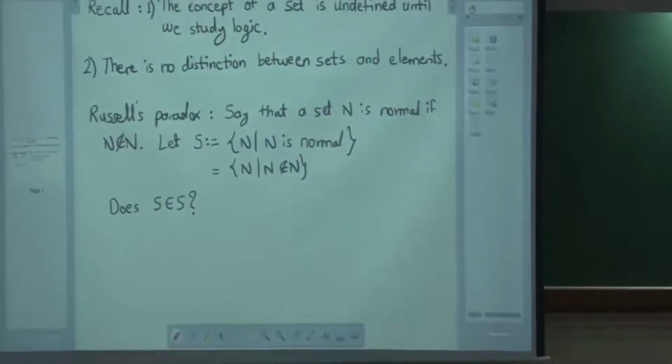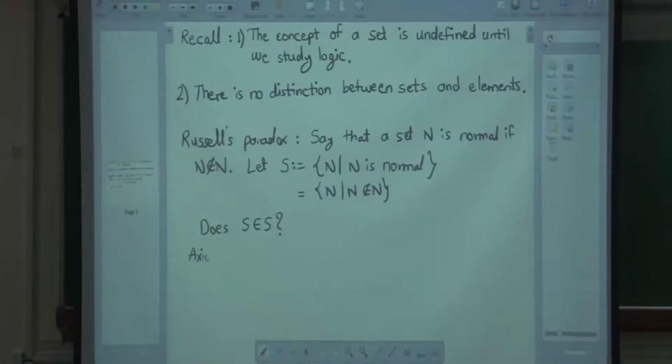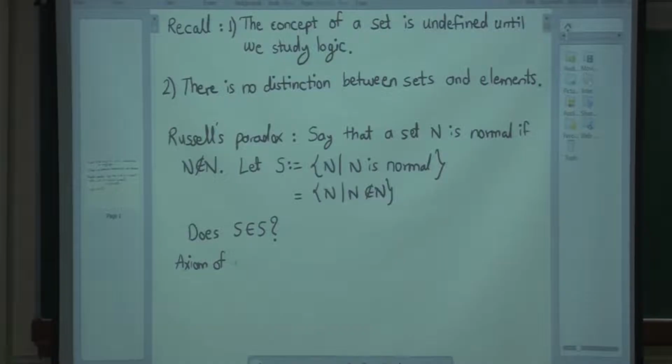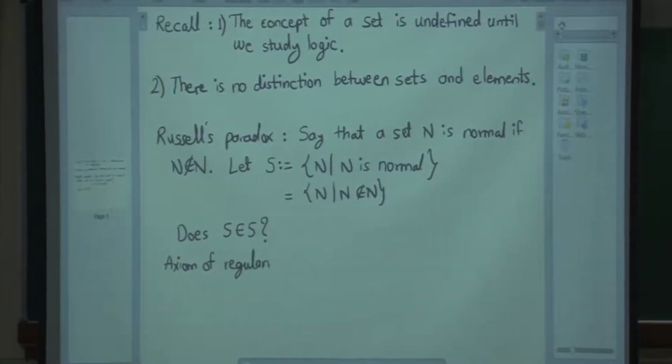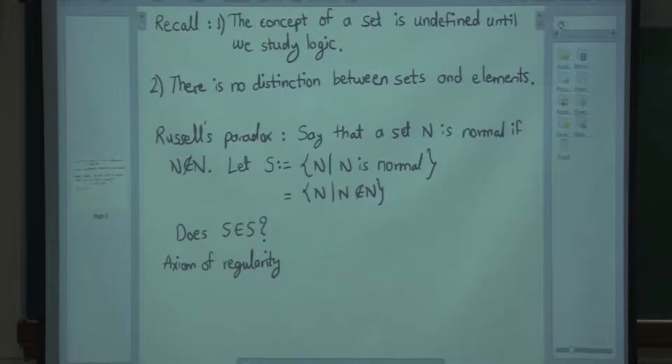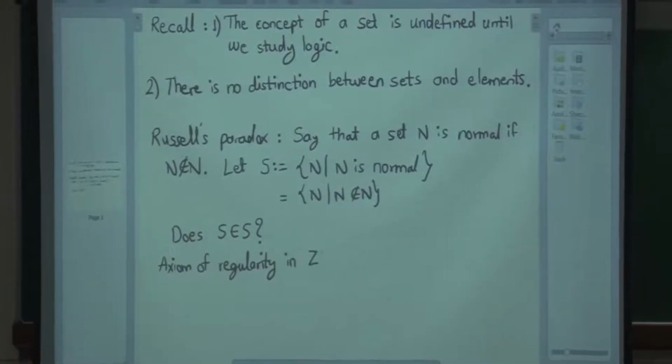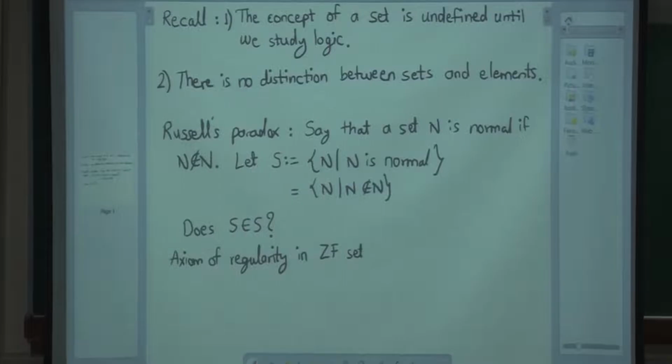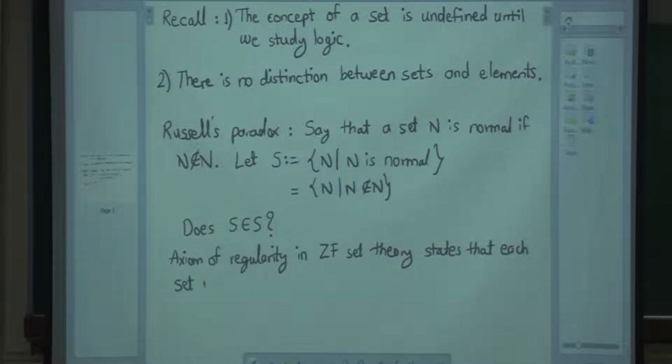So, I will give you something. There is something called the axiom of regularity in ZF set theory. It doesn't really state this, it's a consequence. It states that each set is normal.